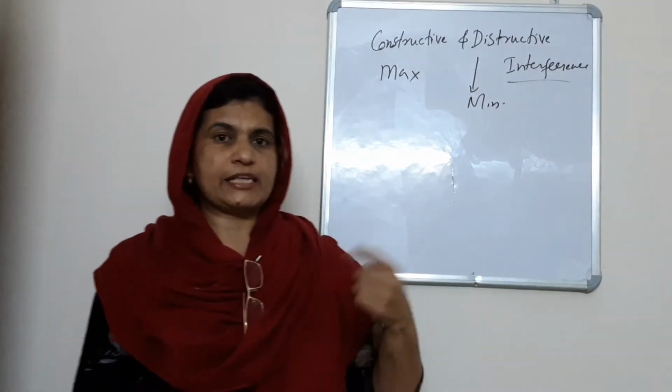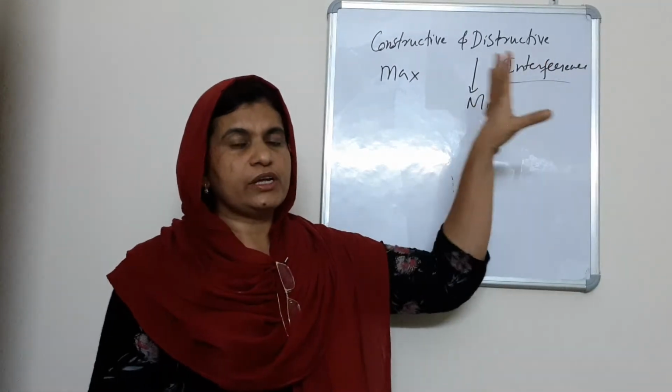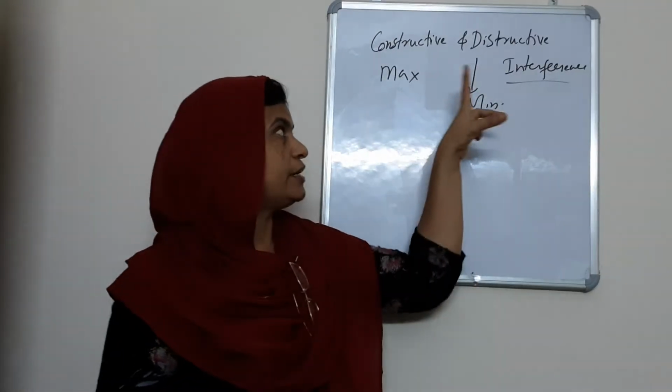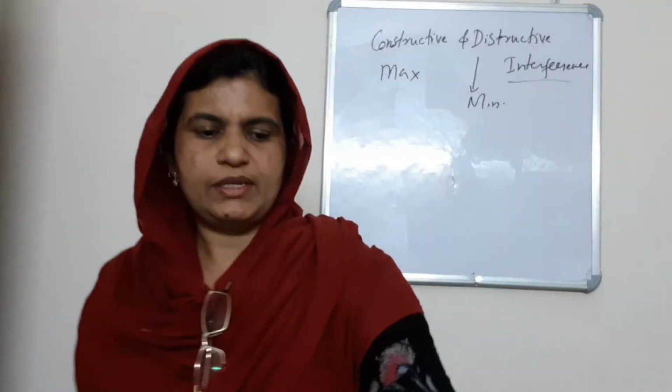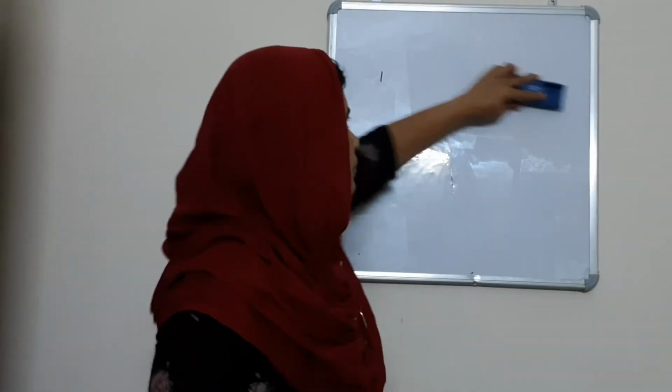When we are getting maximum intensity and when we are getting minimum intensity, what are the conditions for constructive and destructive interference patterns? For that, consider the equation we derived in the last class.